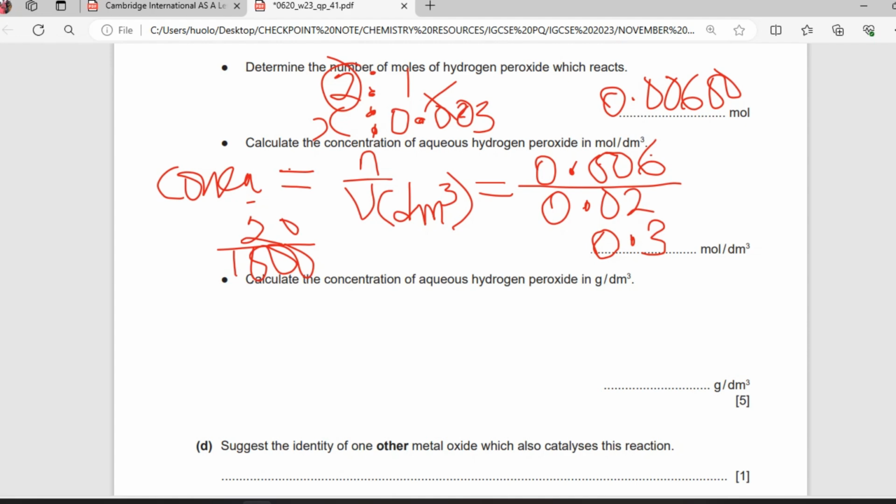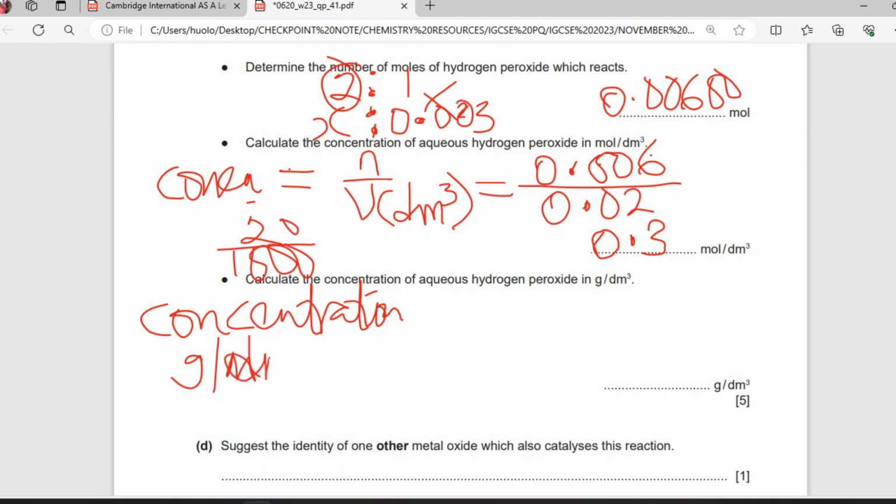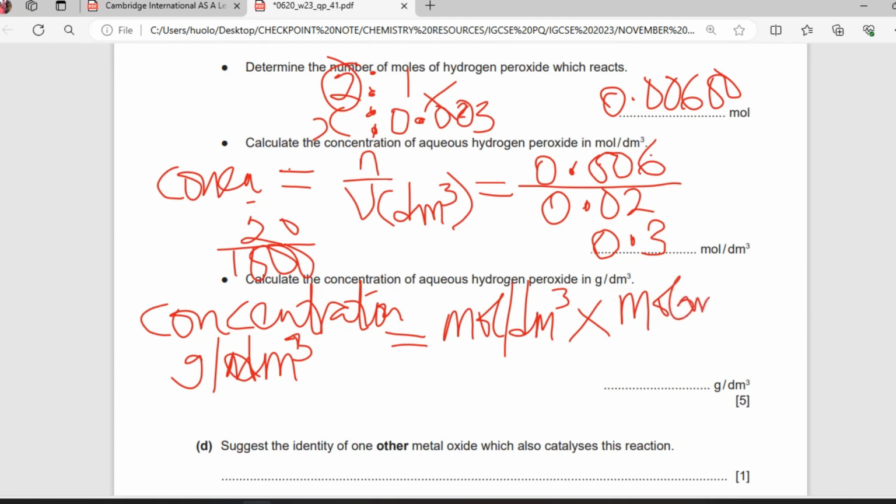Okay, last question on the calculation: calculate the concentration of aqueous hydrogen peroxide in gram per dm cube. Concentration in gram per dm cube will be the concentration in mole per dm cube multiplied by the molar mass.